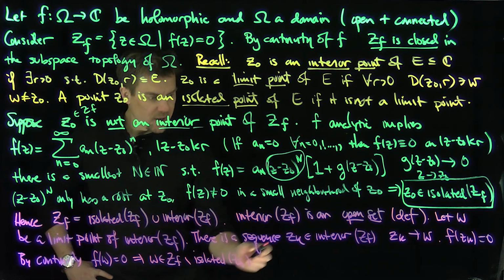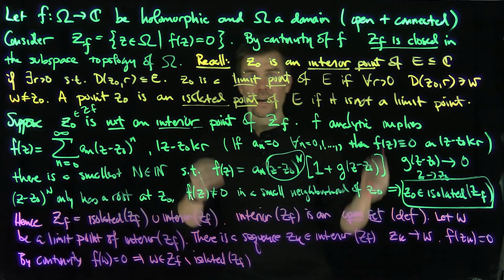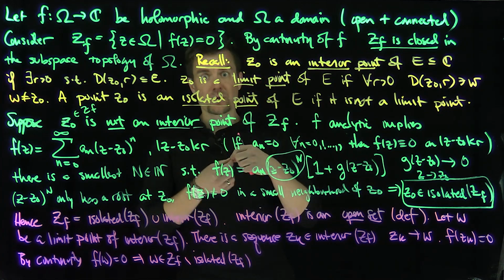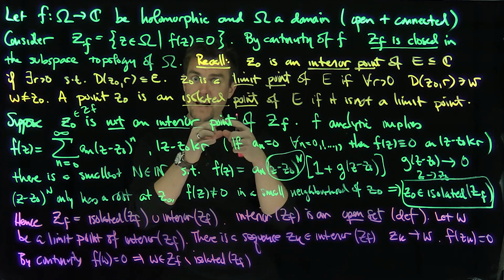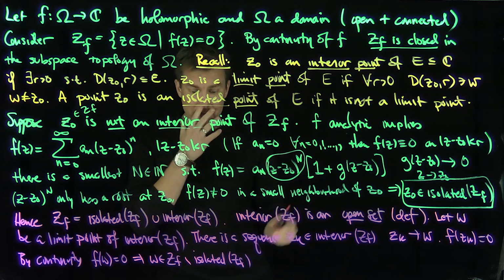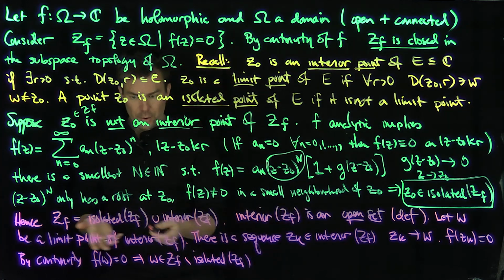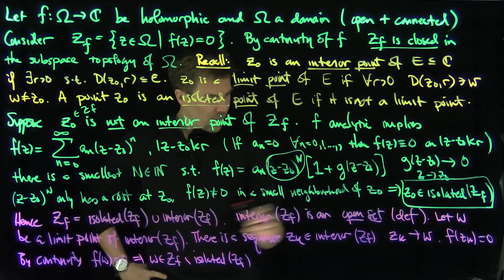Why not? Because a sequence of points in the set cannot get arbitrarily close to an isolated point, because an isolated point has a neighborhood where there are no other points of that set. So the sequence cannot converge to any isolated point. What does that prove? That proves that the interior of Z_f is closed.